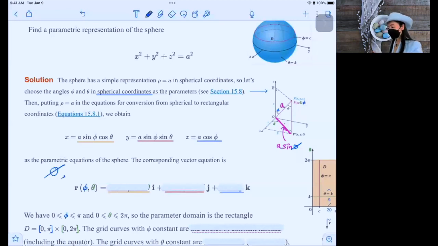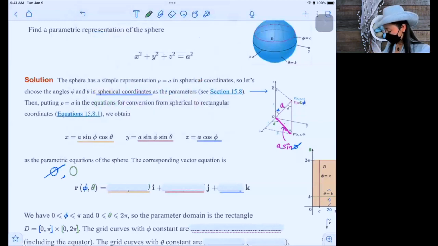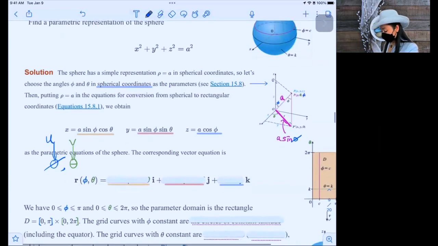It's phi, and the second one is theta. So phi is the u and theta is the v. So we have the two parameters here, u and v, phi and theta. So these are the parametric equations for the sphere.